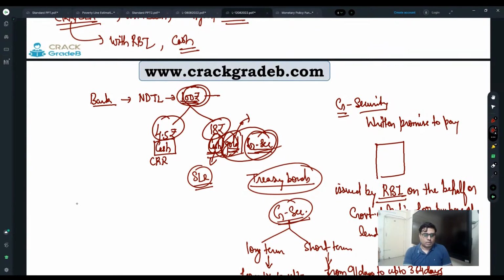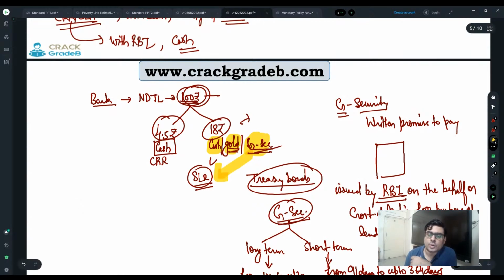See how, as I told you, banks have to maintain SLR, and for that SLR they can go for cash, gold, or government securities. But they will prefer government securities, because the money you use to purchase government securities is issued by the RBI on behalf of the Government of India.